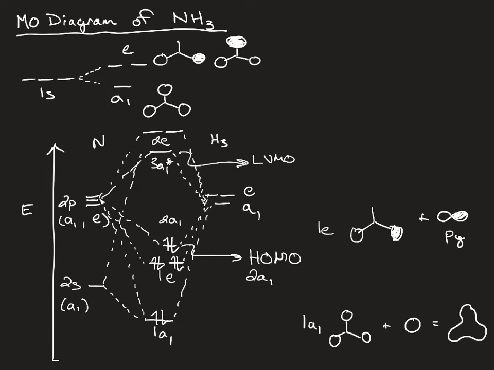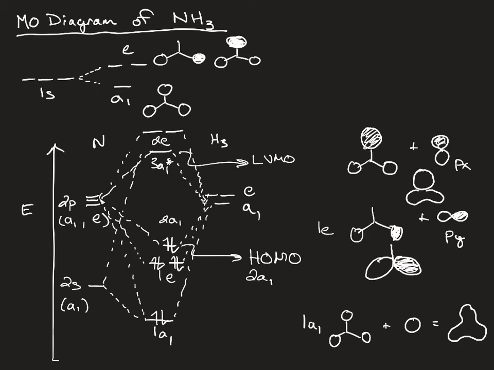So what this molecular orbital is going to look like is that. Just putting in that line to signify where the nucleus is of the hydrogen atom that has a node there. The other one is this plus the px. So this is going to look like that.